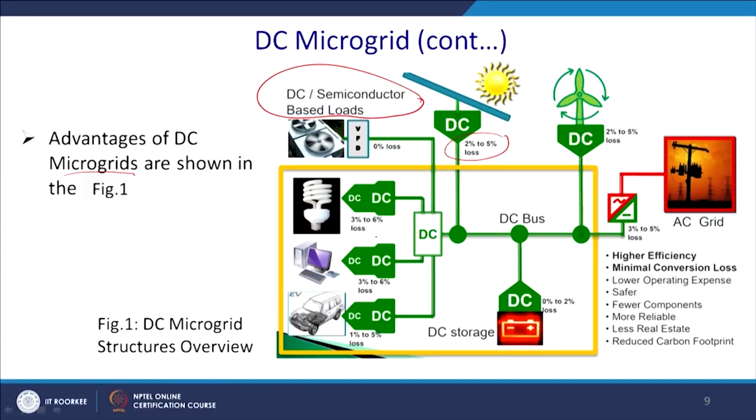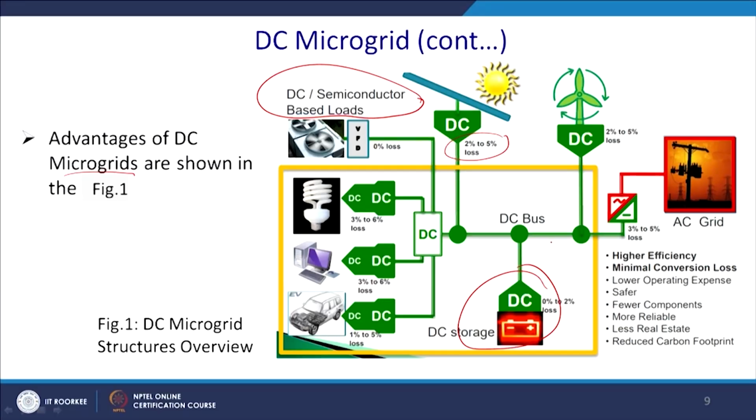From there you can have a CFL, you can have a computer, you can have DC batteries to run the car. Thereafter you may have a storage element, and you may actually get the power through an active rectifier and inject it into the system.